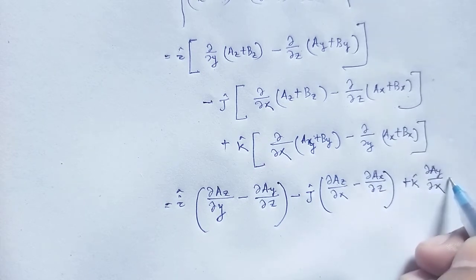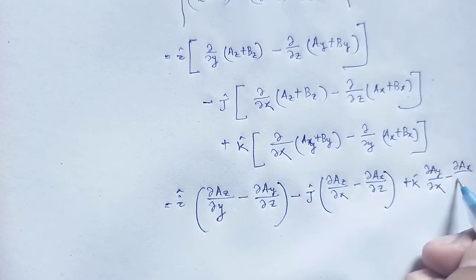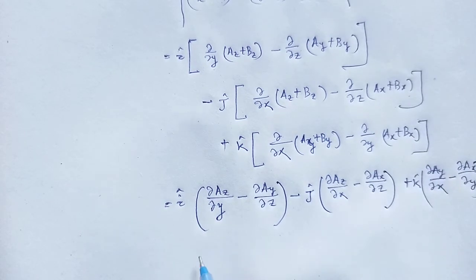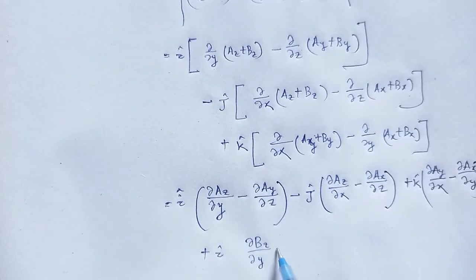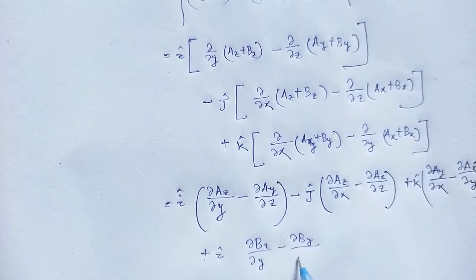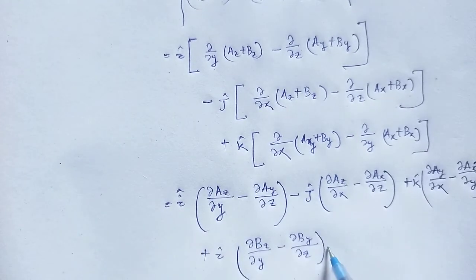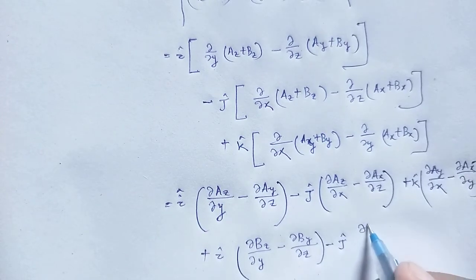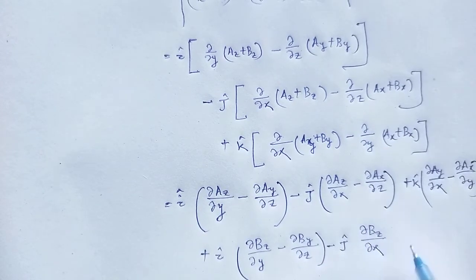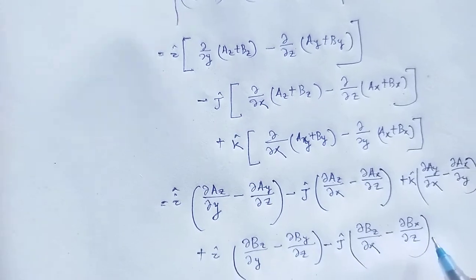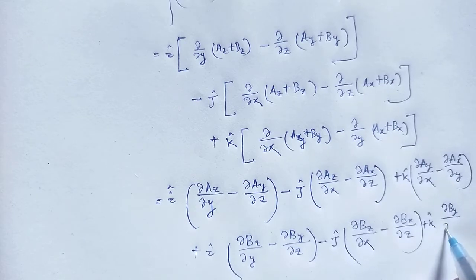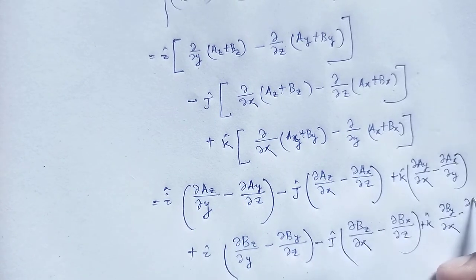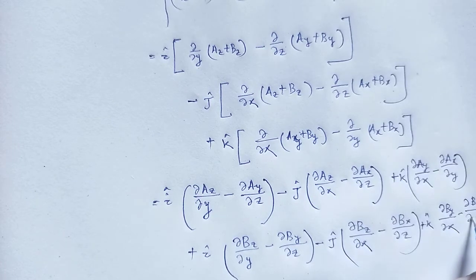del Ay by del x minus del Ax by del y, plus i cap of del Bz by del y minus del By by del z, minus j cap of del Bz by del x minus del Bx by del z, plus k cap of del By by del x minus del Bx by del y.